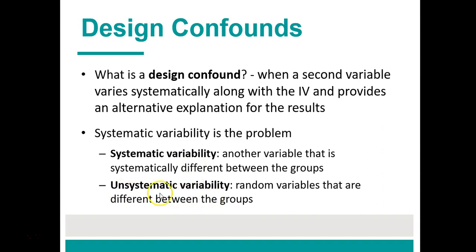What's not really a problem is unsystematic variability, and this is when there are design variables that randomly are different between the groups. So imagine instead of testing everybody together, we tested these 100 kids individually, and so they each watched 3 hours of TV on their own, and then we looked at aggressive acts in some way after that individually.